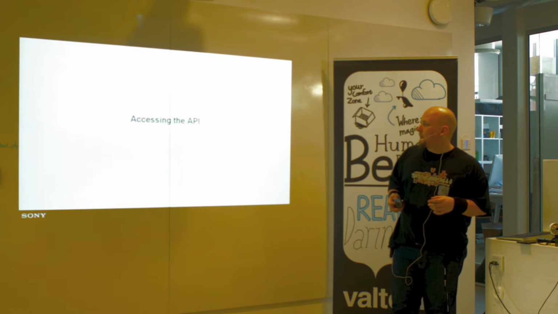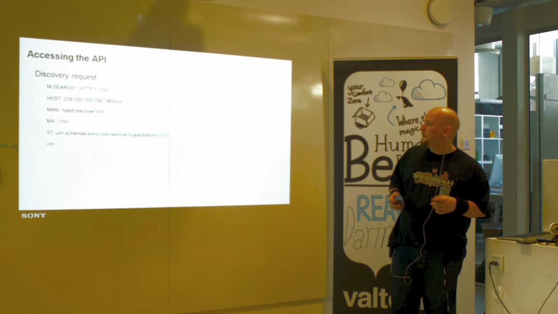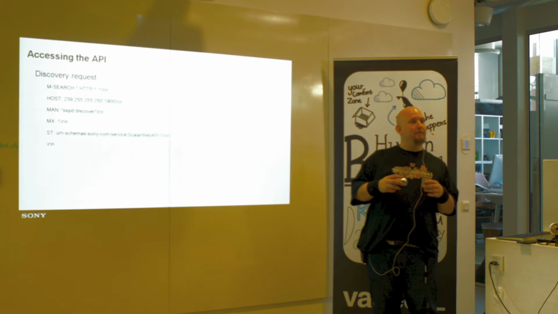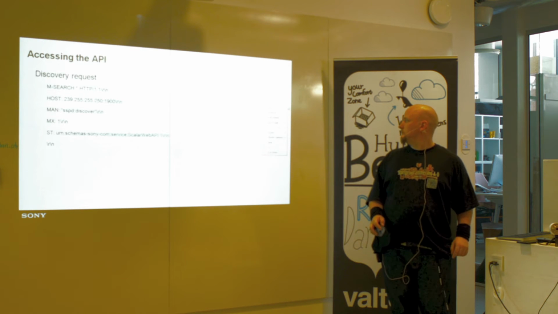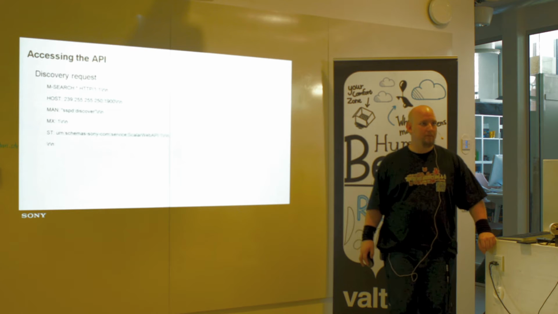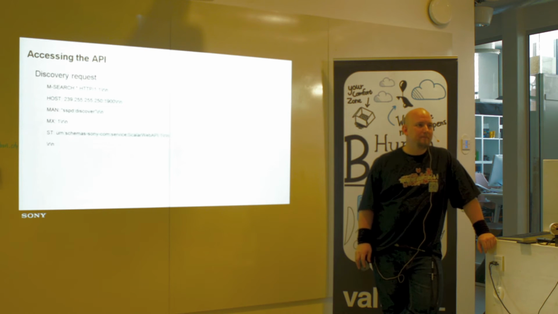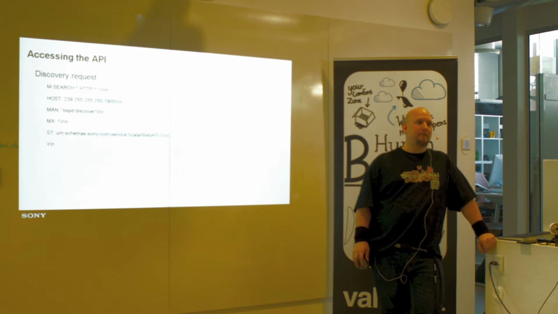So let's talk about accessing the API. So one question. Yeah. You said it was possible to proxy the Wi-Fi. So does that mean that you could potentially control several cameras at the same time? Yes.